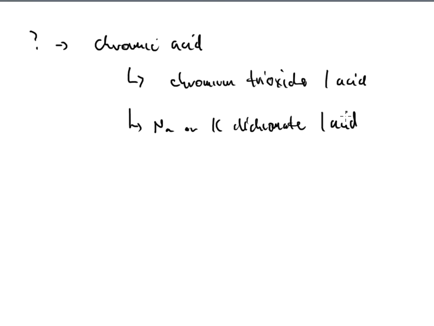I'm going to see chromium in either one of these versions, aren't I? I'm going to see chromium in the dichromate. I'm going to see chromium listed in the chromium trioxide, or I'm going to see chromium listed in the chromic acid. Whichever version they throw at you, it's oxidation. You increase the number of C to O bonds.